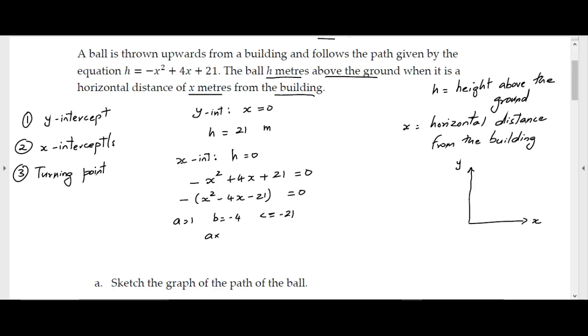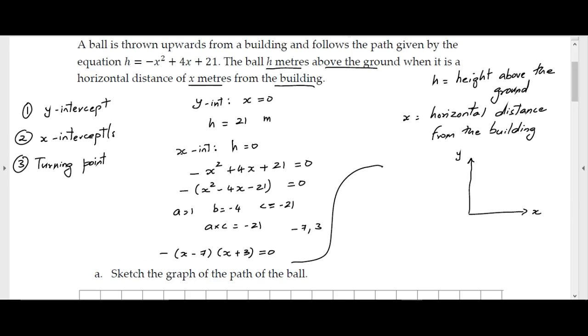A times c gives us negative 21. So we're looking at two numbers that multiply to give us negative 21 and add to give us minus 4. The two numbers are minus 7 and a positive 3. So our quadratic function now factorizes as x take away 7 times x plus 3 equals 0.